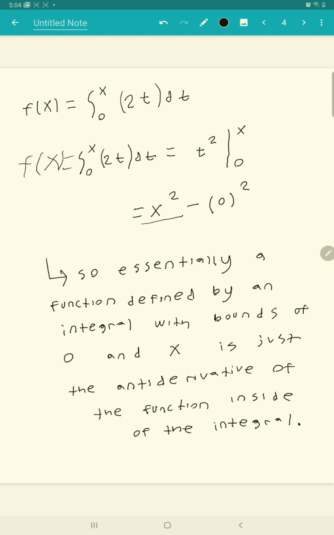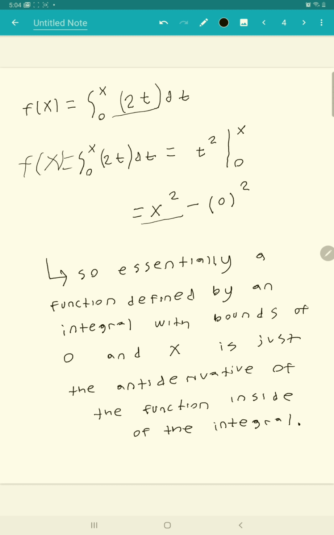So as we can see here, if we're graphing a function with an integral from 0 to x, what that is doing is just graphing the antiderivative of the function that is here, because the antiderivative of 2x is just x squared.